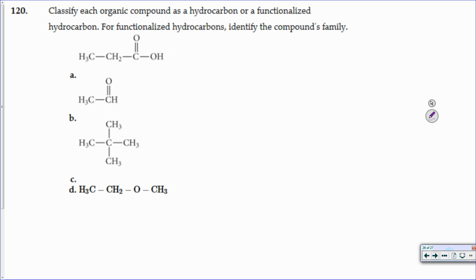All right, the last one we had was classifying organic compounds based on their functional groups, so identify the family. So if it had a C double bond O, OH, that is a carboxylate or carboxylic acid.